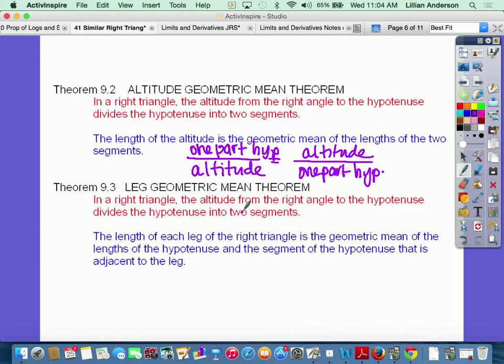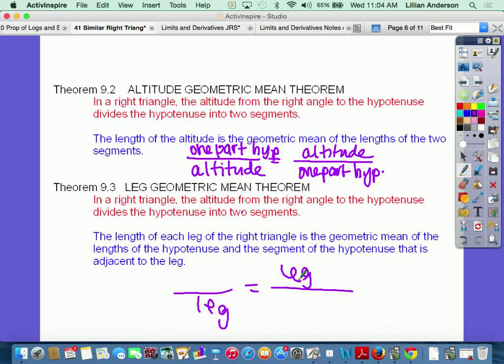So if I want to set it up kind of like what I did up here for the altitude, what goes in the bottom left and in the top right? What's the geometric mean? The length of the leg. It says the length of the leg is the geometric mean. So the leg goes bottom left, top right.